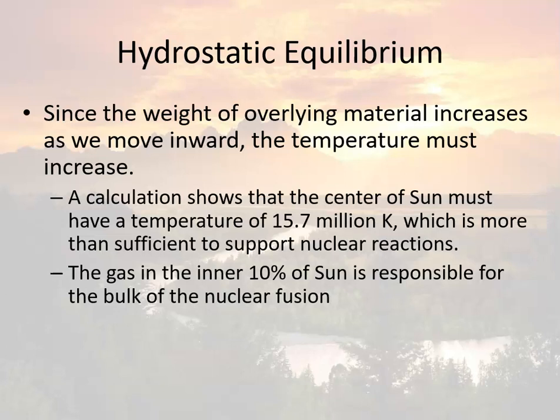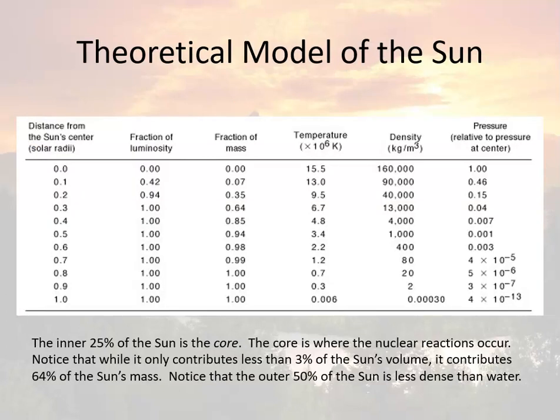And in fact, it's the inner 10% of our sun's radius that's responsible for the great majority of our sun's nuclear fusion. So you can kind of see that in this chart, which is generated with a computer simulation, and it's also corroborated by observations from helioseismology, which we'll get to soon.